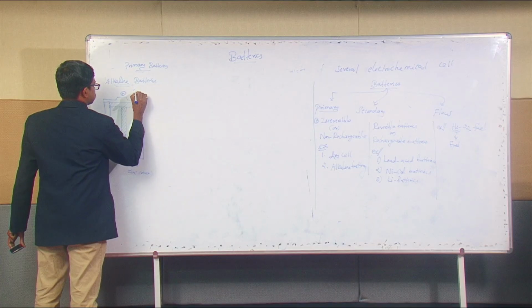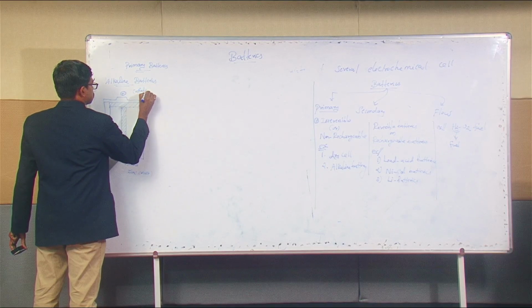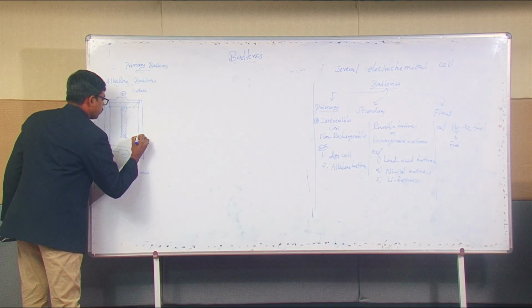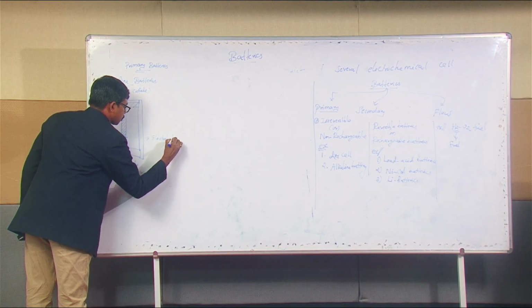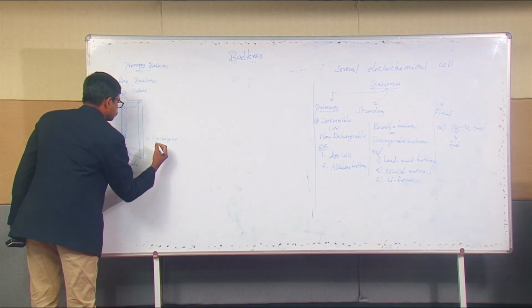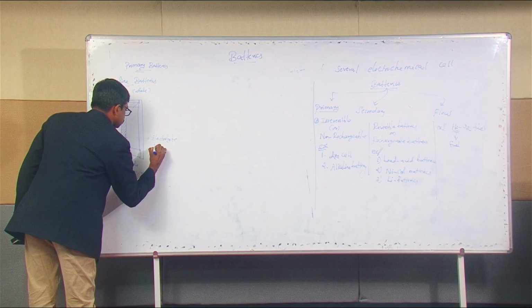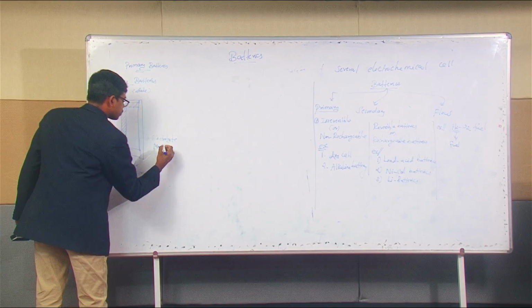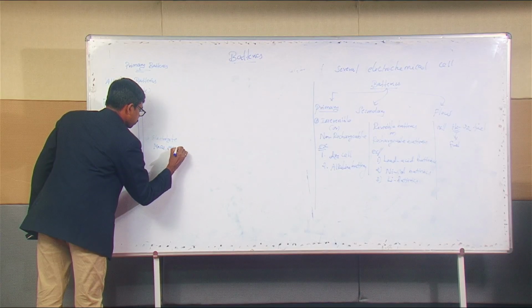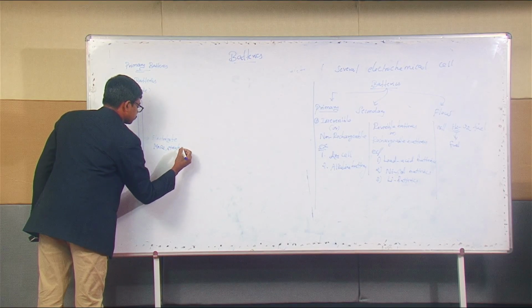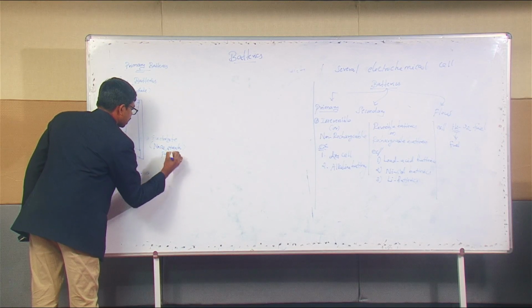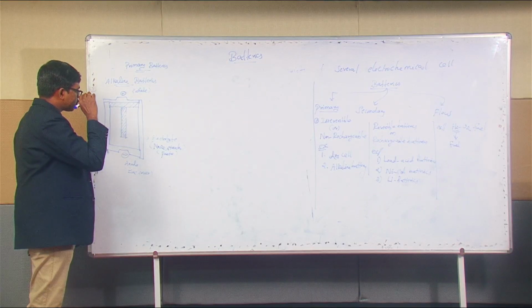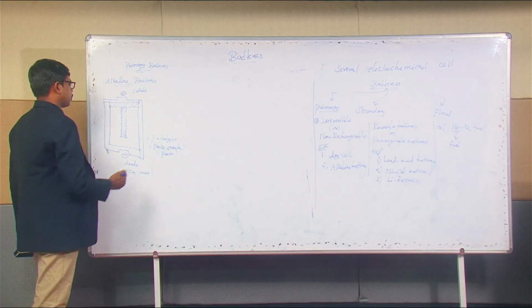This is the cathode. You fill the electrolyte, a paste of MnO2 made with starch and a small amount of water.